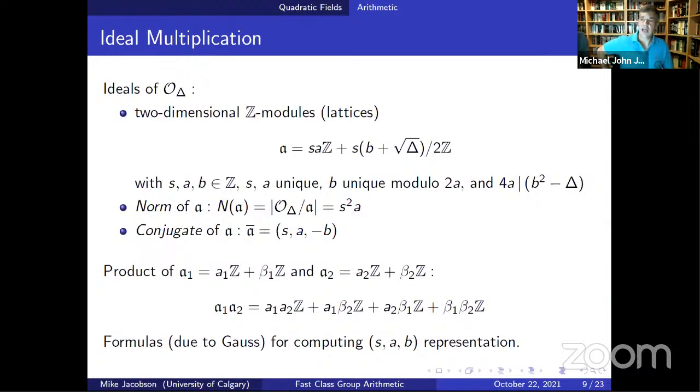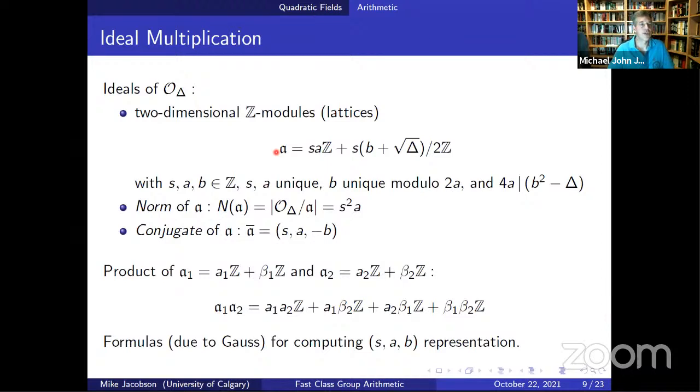So the first question is, what does an ideal look like in a quadratic field? You can describe these a couple of different ways. To my mind, the most useful one for computations is what I have written on the slide here. They're two-dimensional, so you can write them as two-dimensional Z modules and describe them basically with a triple of integers.